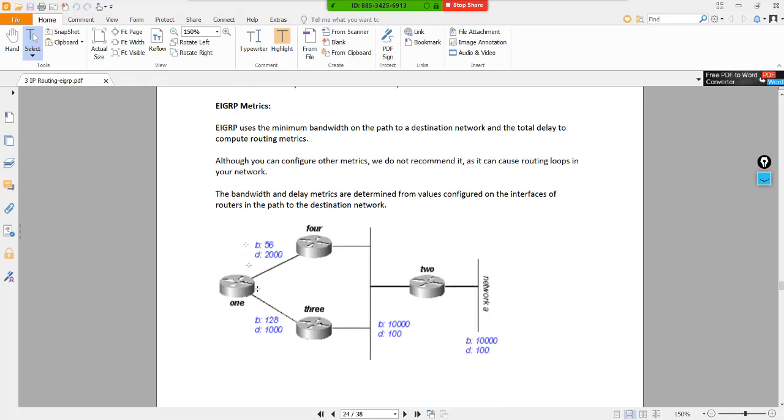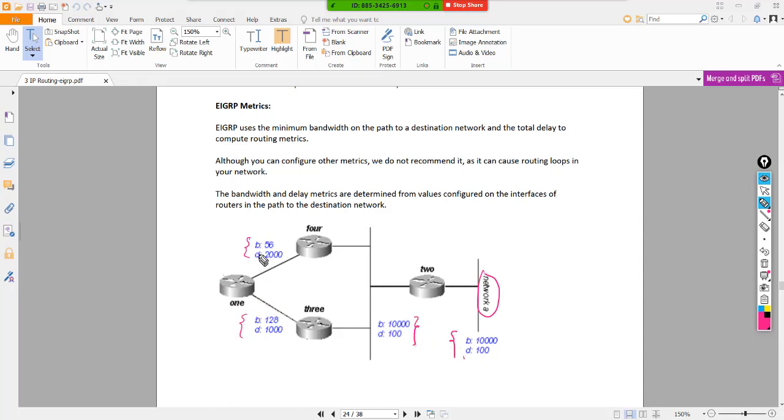From this diagram's point of view, let's say my router 1 is sending some packets to network A. The given values are nothing but bandwidth and delay.